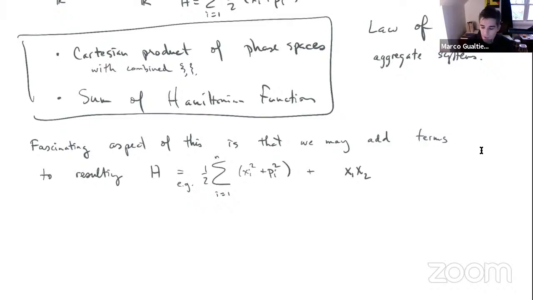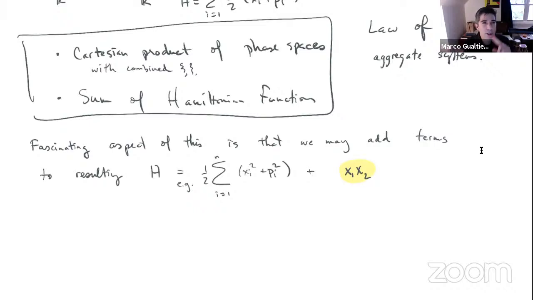And notice that this is a completely different type of term because it is not defined on the phase space of the first particle or the second particle. It is not a function only of x1 and p1 or a function of only x2 and p2. It's actually a function on the new phase space, which didn't exist before.